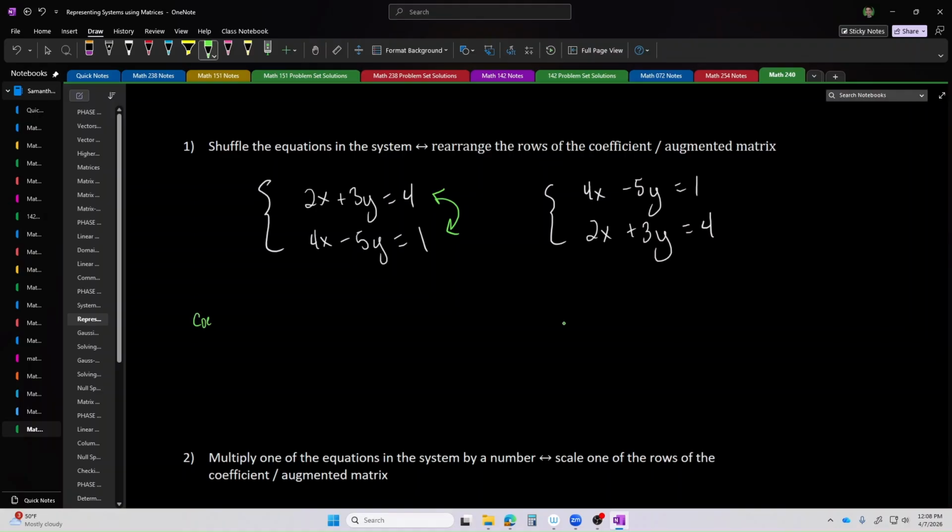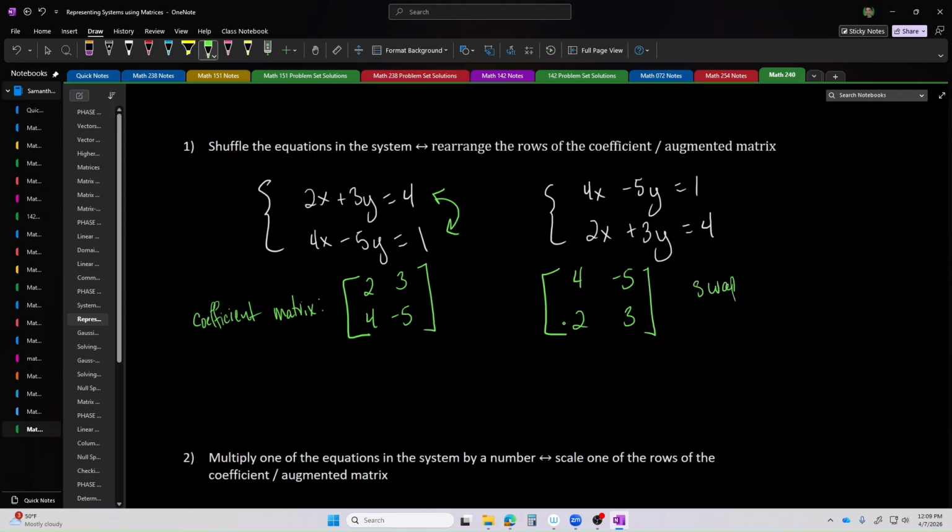So if I go ahead with the coefficient matrix for this system, the coefficient matrix would be 2, 3, 4, minus 5. And for the shuffled version, the coefficient matrix would just be 4, minus 5 in the top row and 2, 3 in the bottom row. So here I've just swapped the rows.